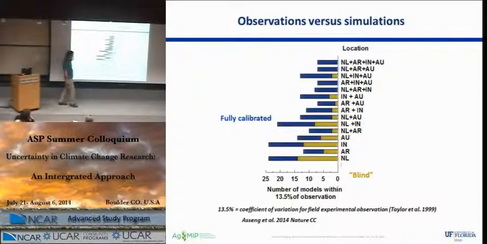Another interesting aspect, distinguishing between blind, the yellowish one, and the fully calibrated results, shows the number of models which were below a general field experimental error. There has been a study by Taylor 15, 16 years ago where they looked across the globe at agronomic experiments and breeding experiments.